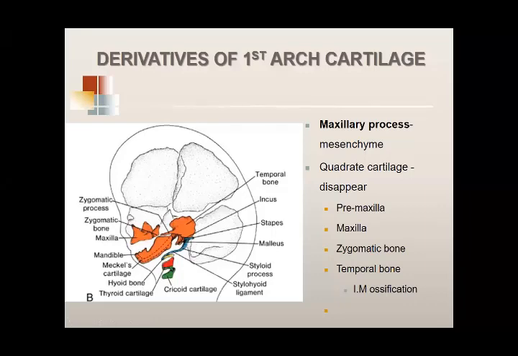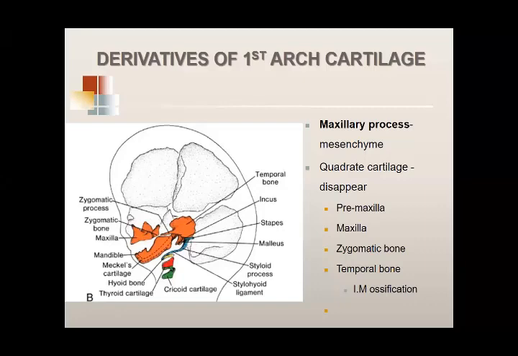Now see that all these bones, maxilla, zygomatic bone, temporal bone, all developed by intramembranous ossification. The mandible developed by intramembranous ossification. So the bones of the first arch all developed by intramembranous ossification. And we have already discussed that intramembranous ossification occurs in bones where you need early support.